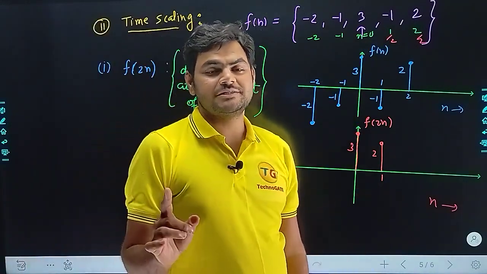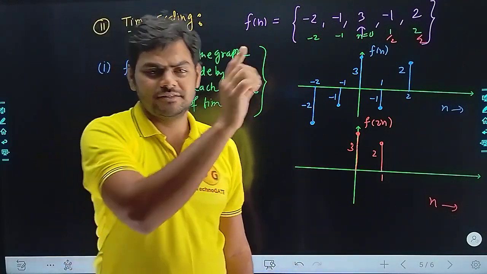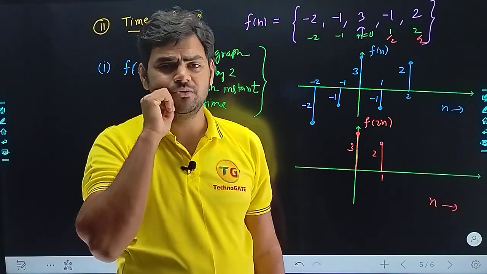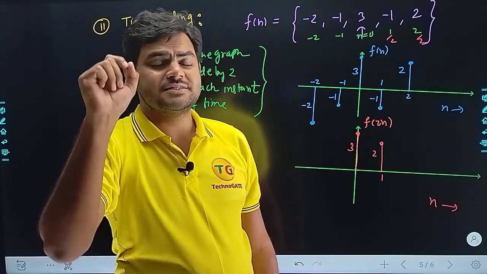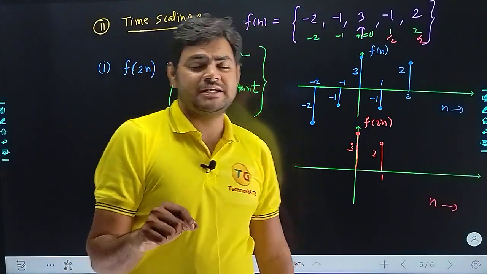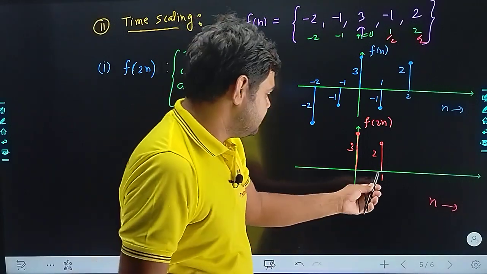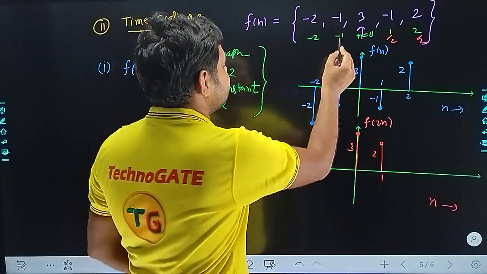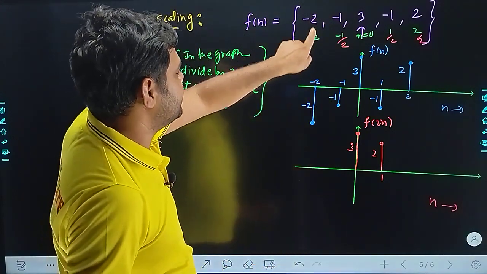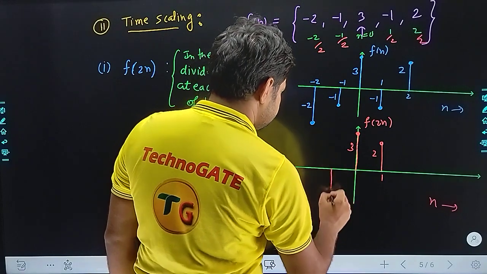But you should notice that the time scale is not like the continuous scale where t was any real value; here n is only integers. The sample present at a non-integer will not be considered. Here it is again divided by 2, so that sample will also be lost, and here it will be minus 2 by 2, which becomes the minus 1 position.